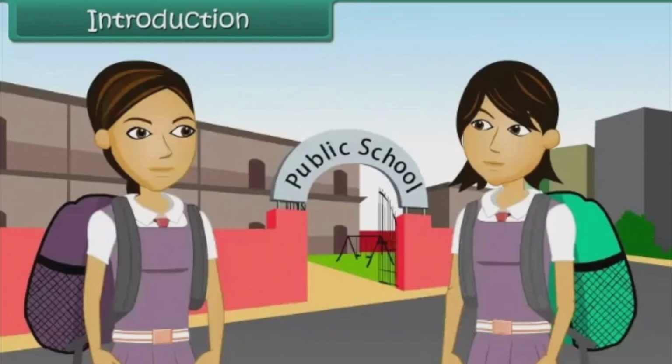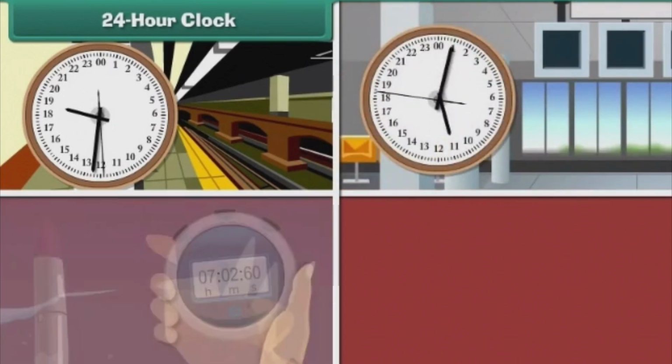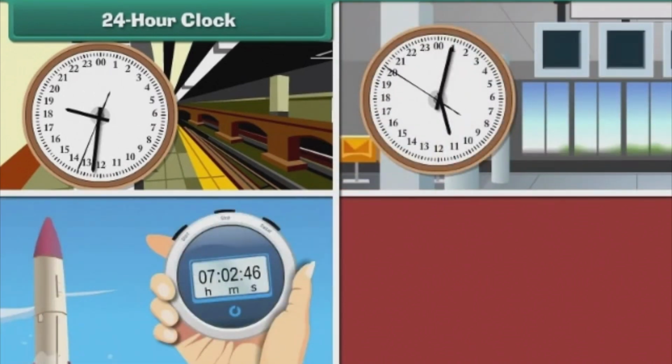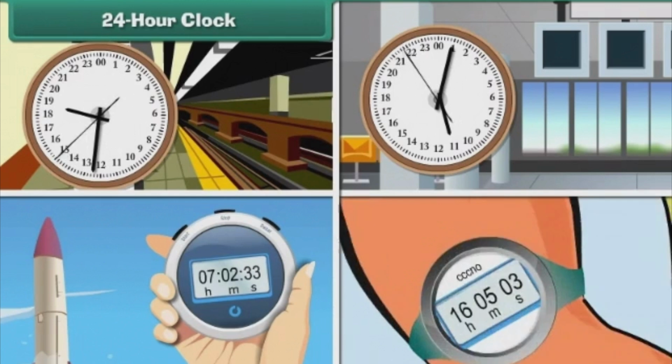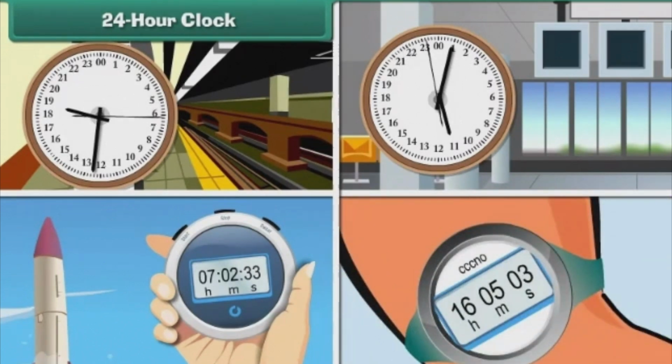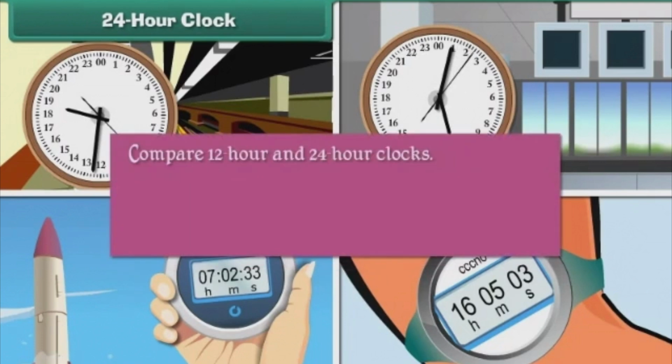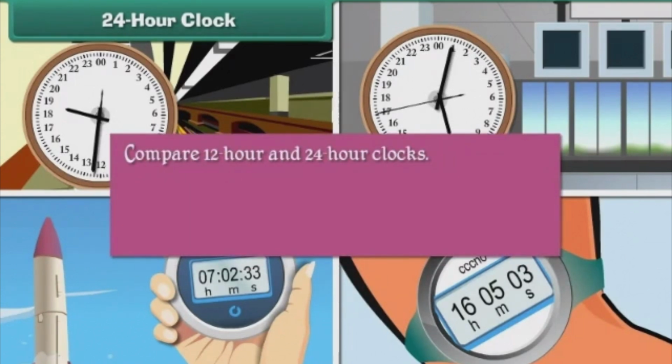Yes, Latika. In this lesson, you will learn about time. 24-hour clock. 24-hour clock is commonly used to specify the time of train and plane departures, take-off time of space shuttles, time of attack by the armed forces, etc. In order to understand it better, let us compare 12-hour and 24-hour clocks.